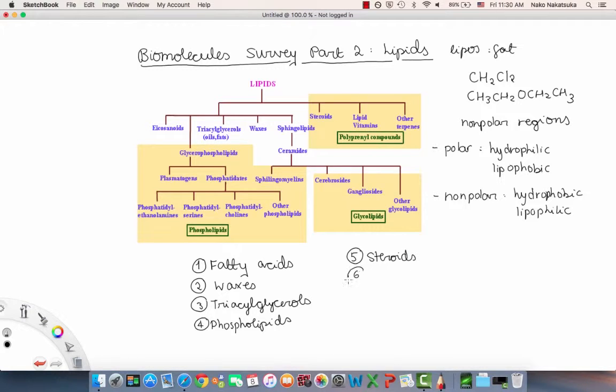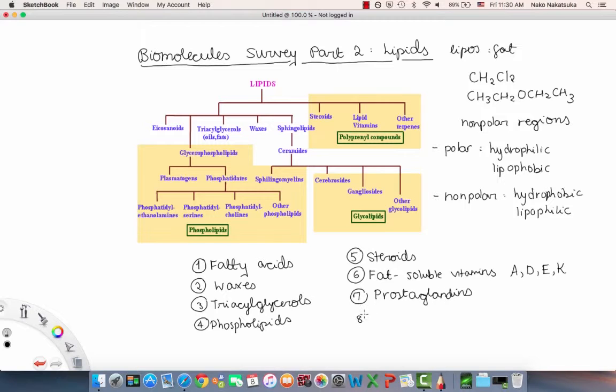For 6, we have fat-soluble vitamins, where examples of these are vitamin A, D, E, and K. And finally, we will talk briefly about prostaglandins.